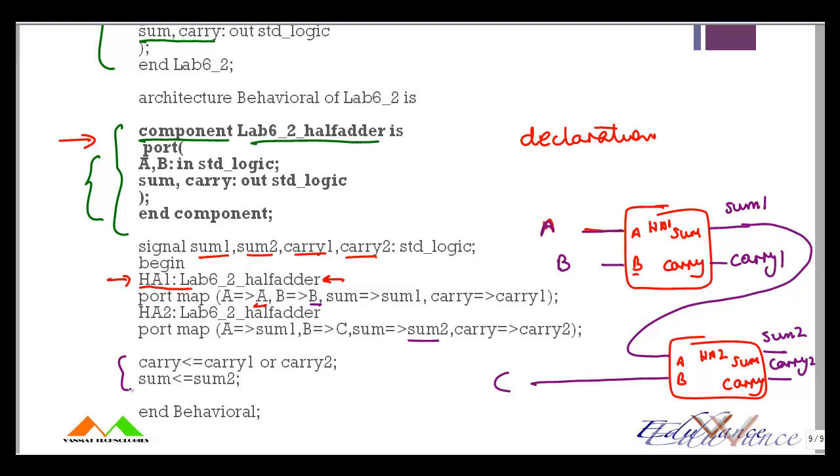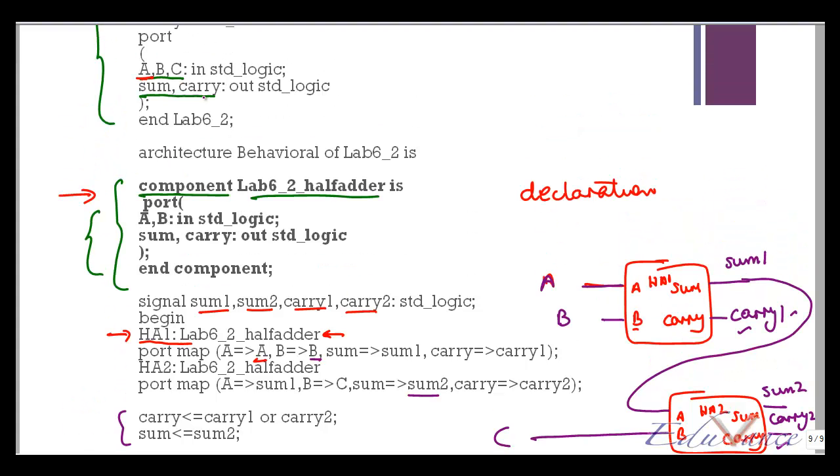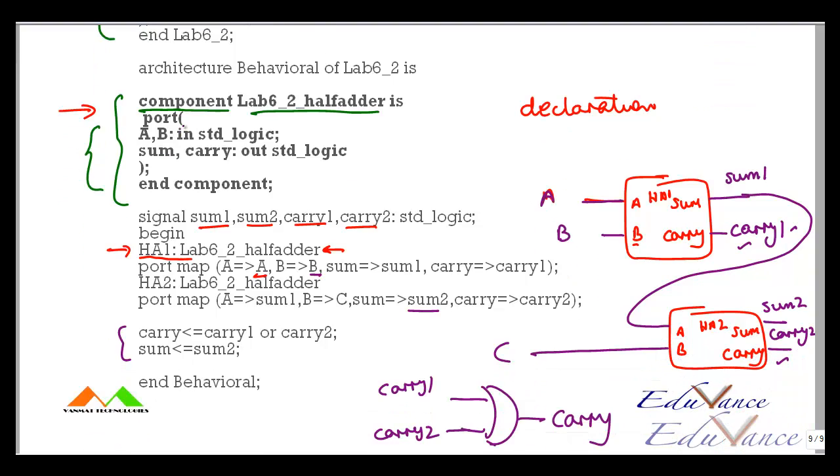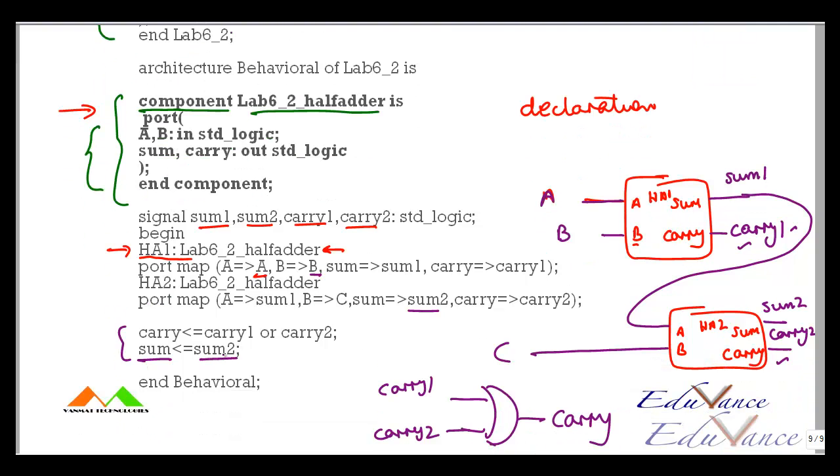Now we have to do some concurrent statements where we say that the carry of my final full adder is the ORing of carry1 and carry2. So I will take carry1, carry2. These are these two signals, and OR them to make my final carry of my full adder, that is this one. And the final sum of my full adder, which is this, would actually be sum2, which is this one.